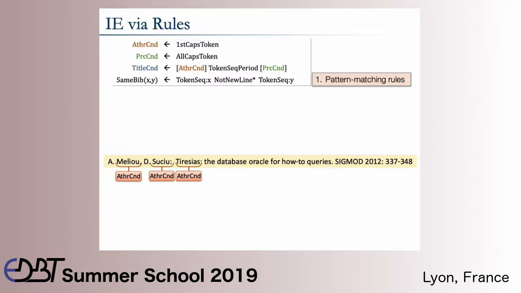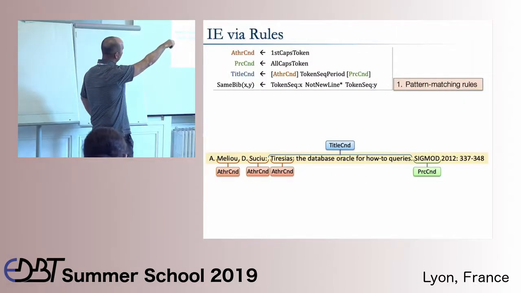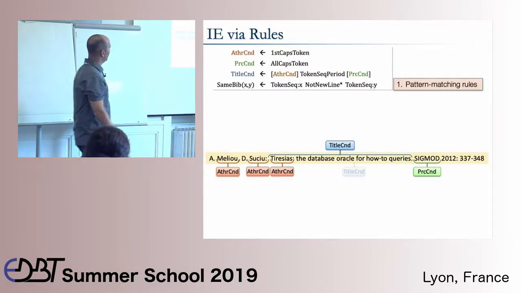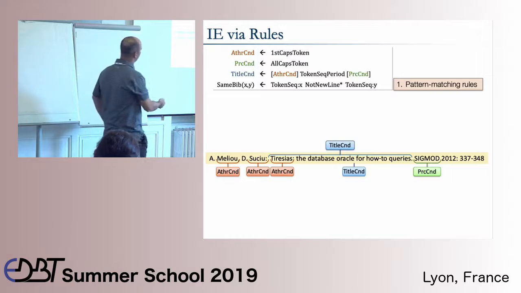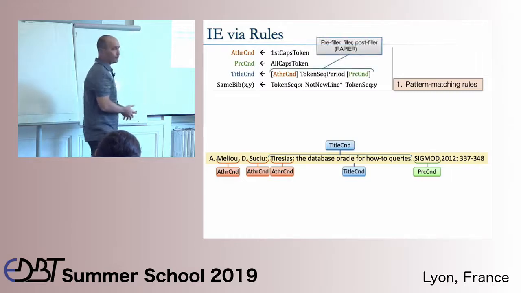Another rule will say something like, if it is all capital letters, then this would be a proceedings candidate. And so, okay, we have here a match of the third rule, which is that a title candidate is basically every sequence of tokens between an author candidate and a proceedings candidate. And we have here one title candidate and another title candidate.